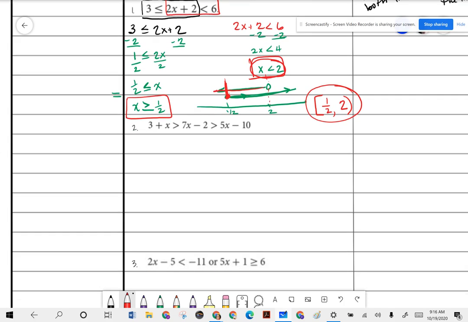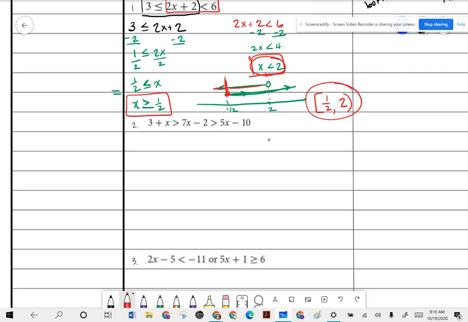All right, let's take a look at number 2. So again, we want to see that there are two different inequalities here. So 3 plus x is greater than 7x minus 2. And then we also have the 7x minus 2 on this side. So 7x minus 2 is greater than 5x minus 10.